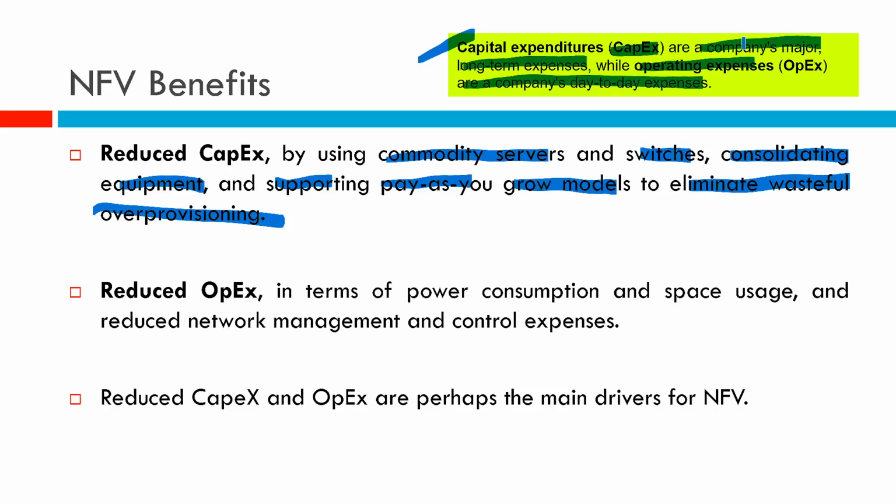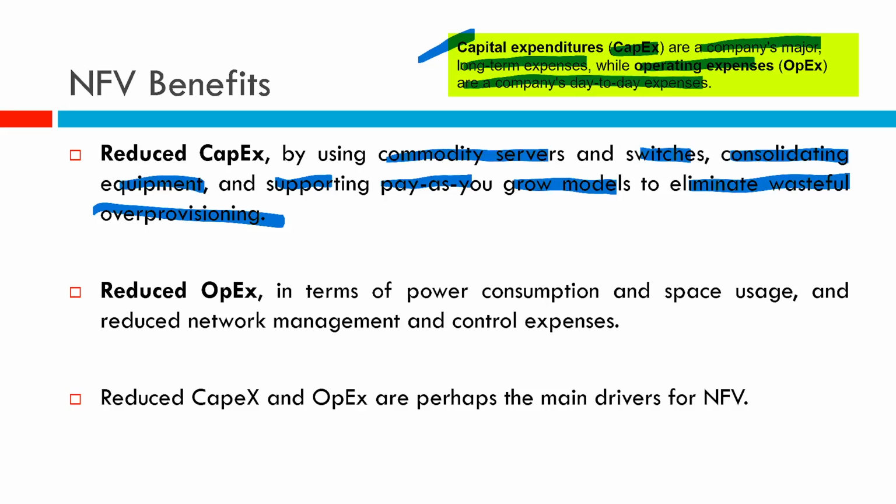So you need equipment cost that has to be implemented in order to extend your company. But in this case it will be reduced because NFV is all software based.